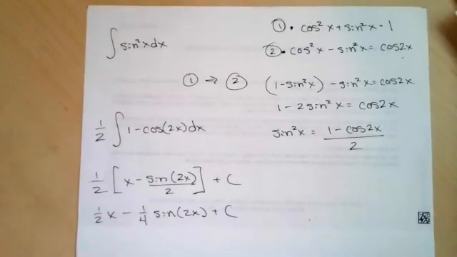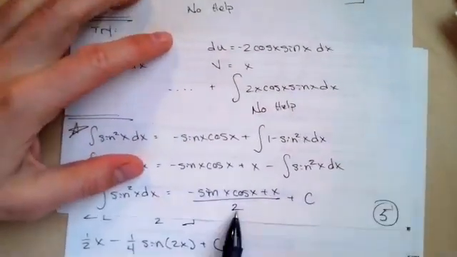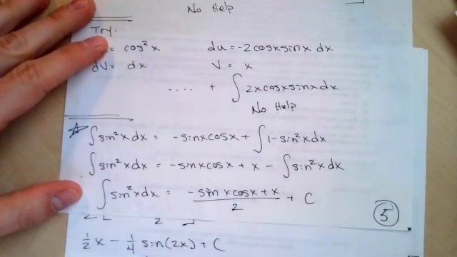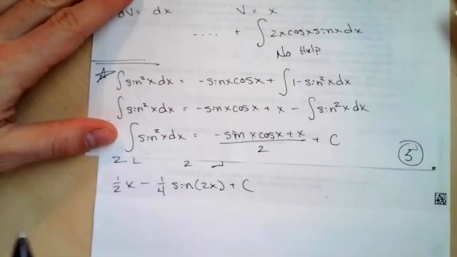And as astute Calc 2 students, what do you notice between these two techniques? We tried it one way, integration by parts. We tried it another way by the half angle formula. Are those two answers the same?